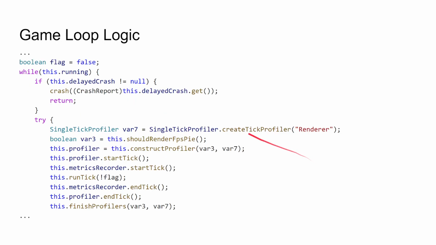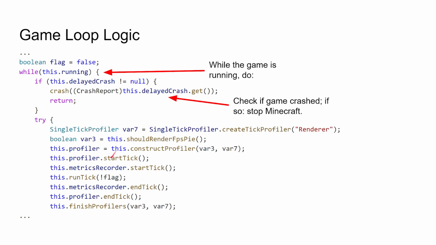Next, we will look at the fundamental logic. So here we go. We see this while running thing going on again. That's what we discussed earlier in the game loop section. Then we see that if the game is crashed, then return, which means just stop the game loop, and then add a crash report. That's pretty simple.